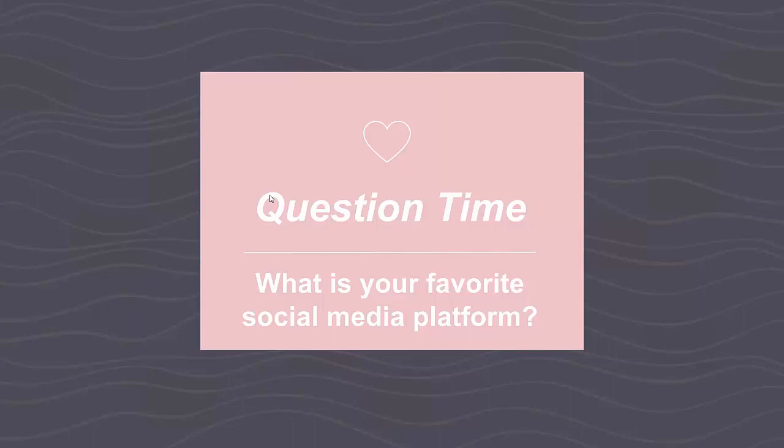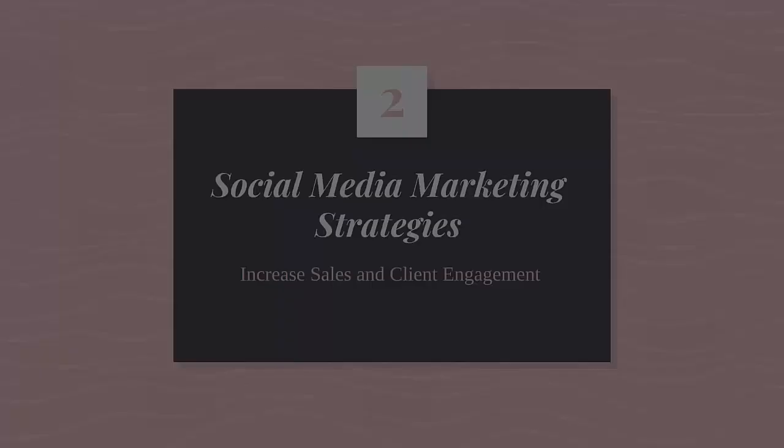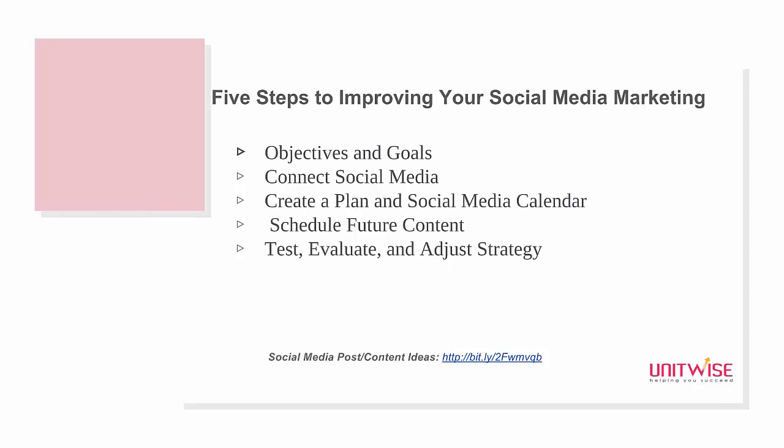And we'll go ahead and move forward. Now, what we're all here today for, social media marketing strategies. We've got 5 steps to improve your social media marketing game. Now, the first thing that you need to do is figure out what are your objectives and goals. Are you trying just to get more engagement on your social media platforms? Is that the reason that you're going to be posting?